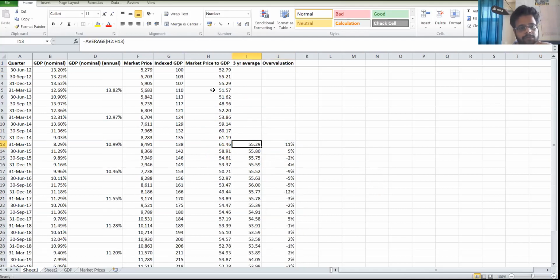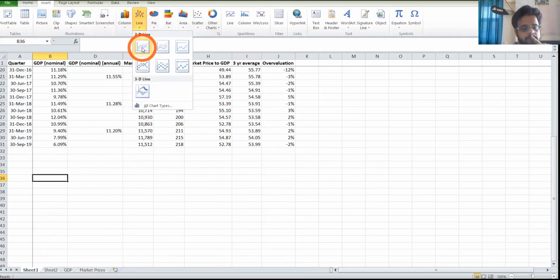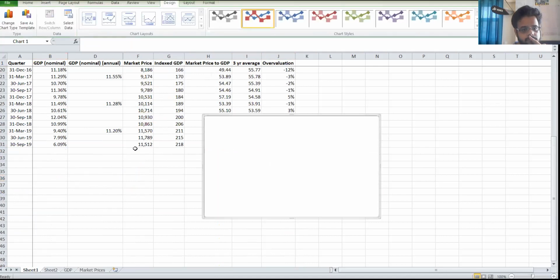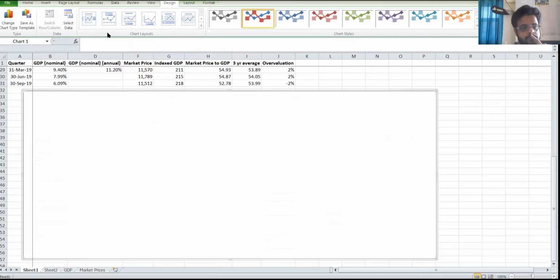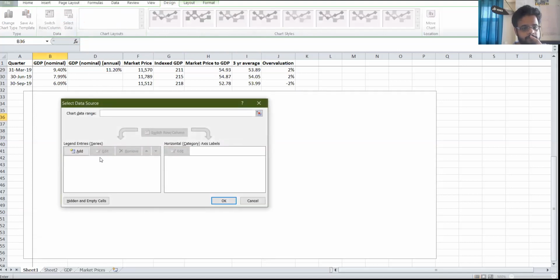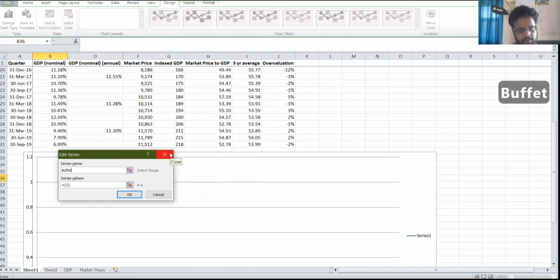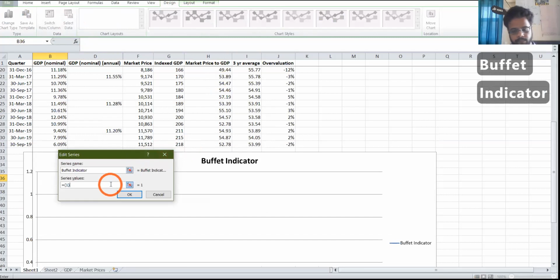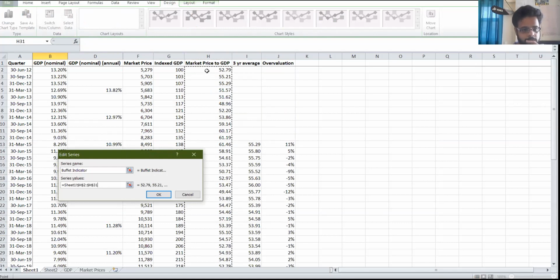So what does this look like on a graph? So let's put in a graph as well. Select data. So first thing I want to put in is the Buffett indicator. These values are going to be market price to GDP for this entire duration.